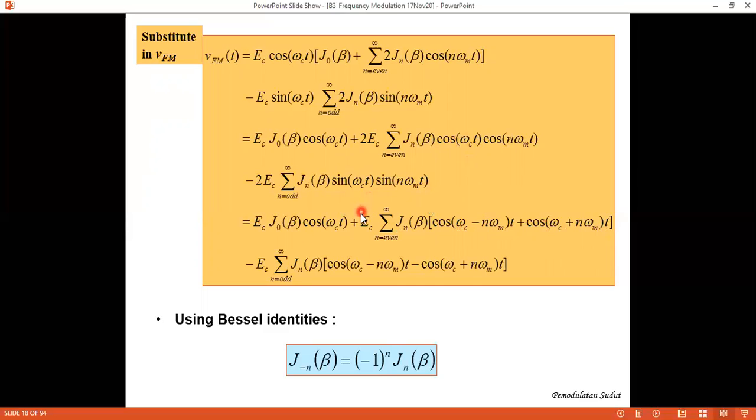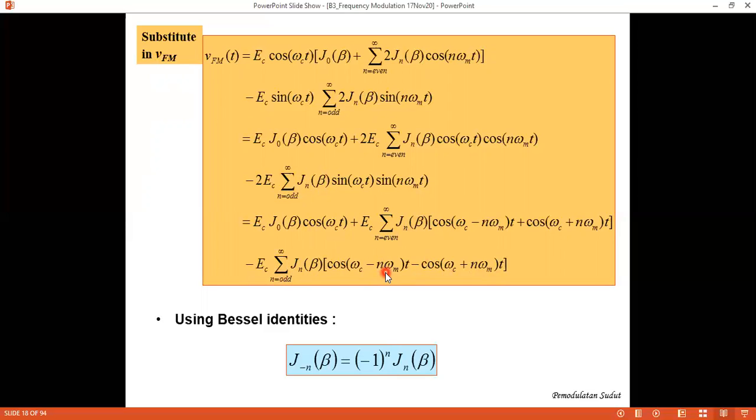For the below part, the 2 is now cancelled because we have the half. We cancel the 2 here with the half. For the part below, it's Ec Jn(beta) times cos(omega_c minus n omega_m t) minus cos(omega_c plus n omega_m t).